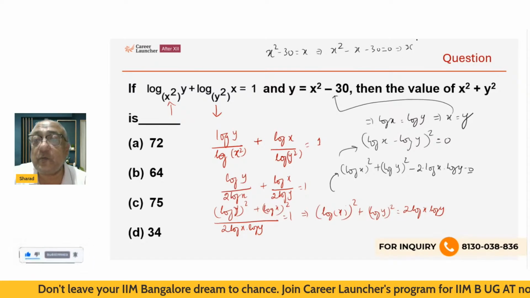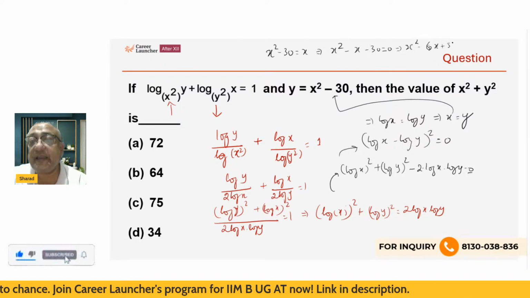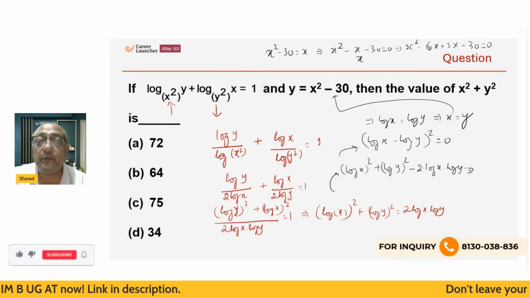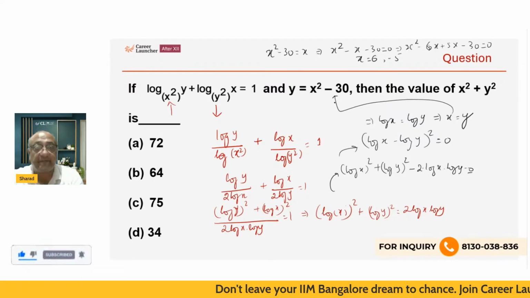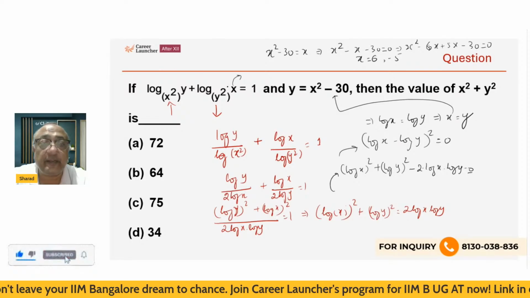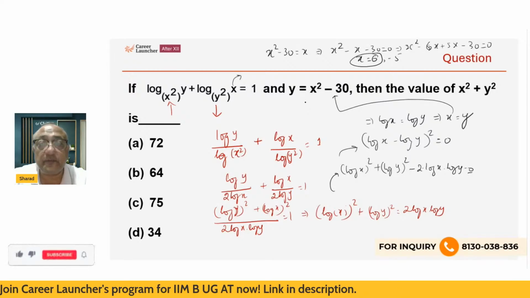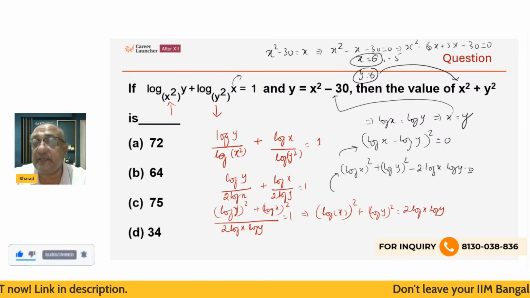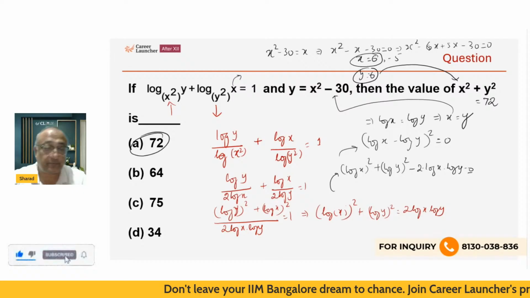Factorize it. x square minus 6x plus 5x minus 30 is equal to 0. x is equal to 6 and x is equal to minus 5. x cannot be negative, because log of a negative number is not defined, so x is equal to 6. So y will also be equal to 6. x is equal to 6, y is equal to 6, means this is equal to 72. So this is my A option. Wonderful.